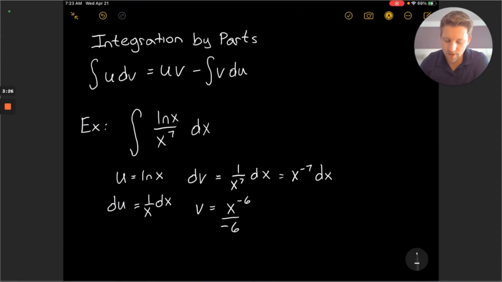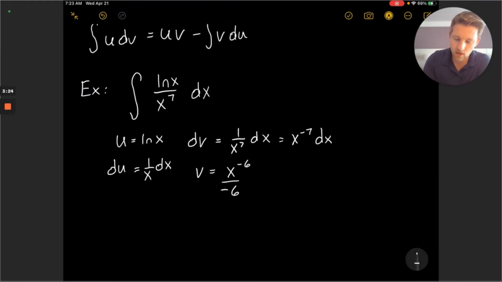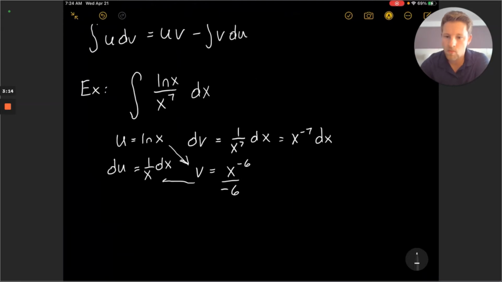So we can rewrite this with our integration by parts. We have an arrow going from u to v, and an arrow going from v to du. So we first want to take the product of u and v.